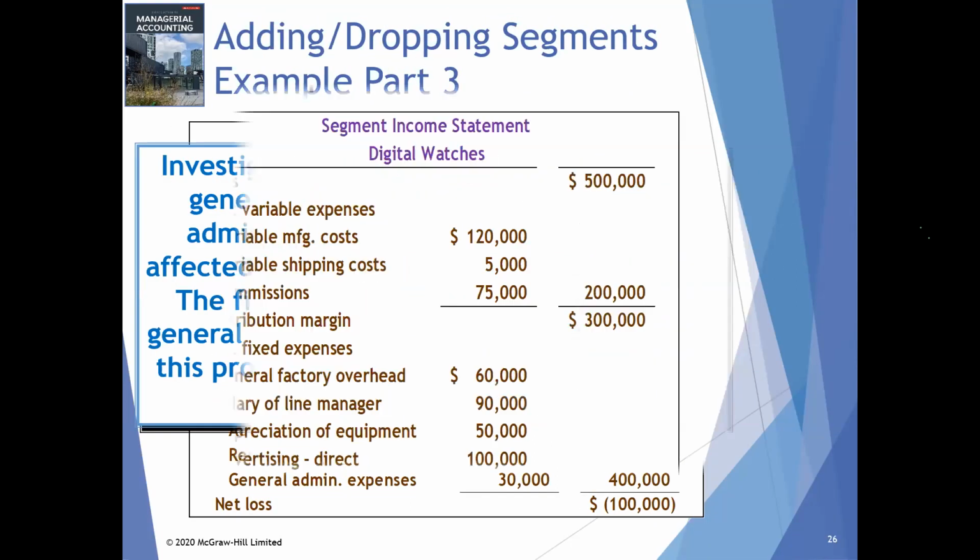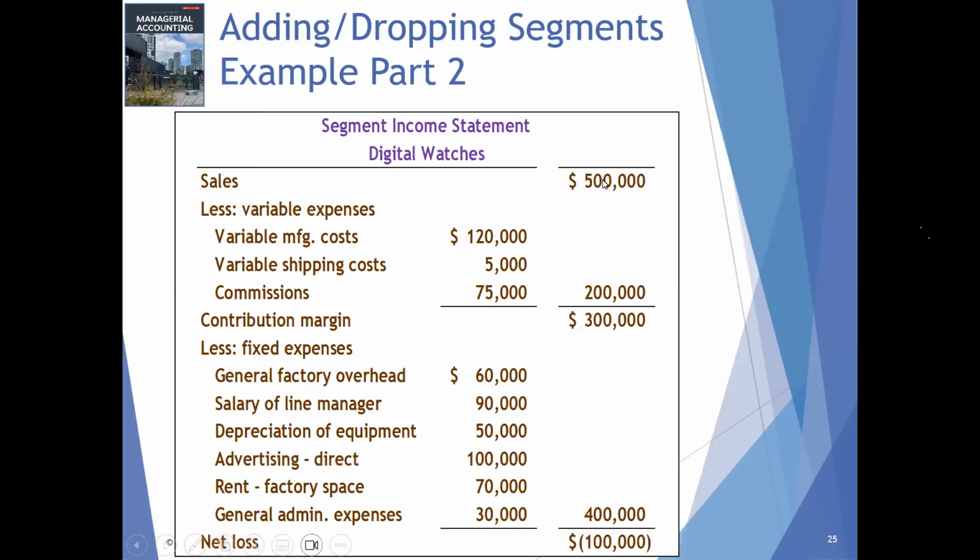If you are going to discontinue this product, there will be no sale because you will not have any product. If there is no sale, there will be no expenditure and no contribution margin. So contribution margin is the main factor that we consider in making decisions. The contribution margin loss will be $300,000.